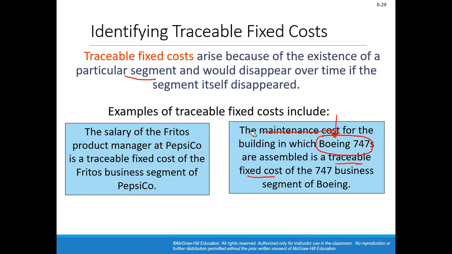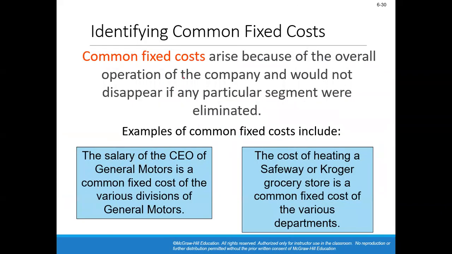Okay, so that's why this fixed cost can be easily traced to the maintenance of the Boeing 747. But the Boeing company CEO draws a salary every month. He draws $1 million as a salary, and salary paid to the CEO is a kind of fixed cost. But regardless of the manufacturing of the Boeing 747 or other models, the CEO's salary will have to be borne by Boeing.